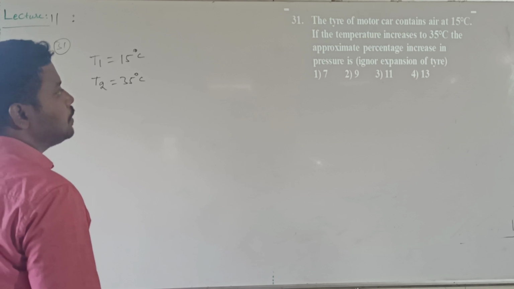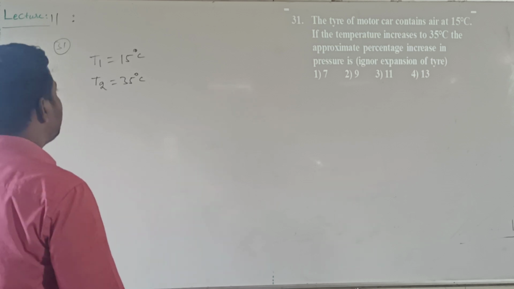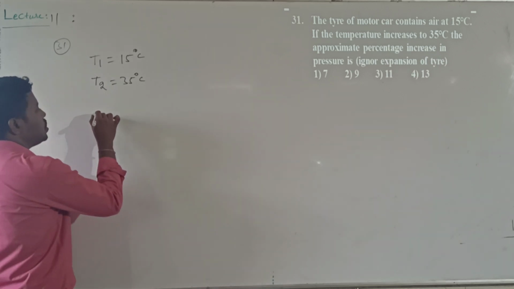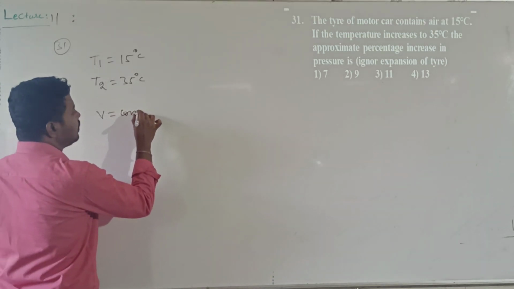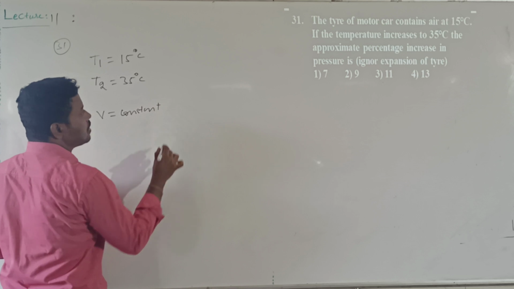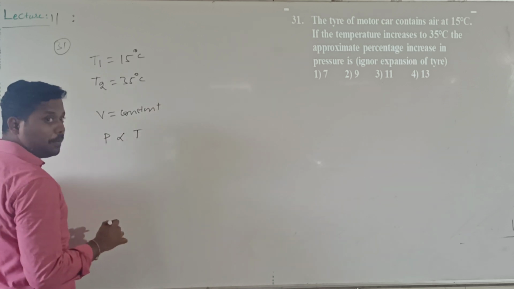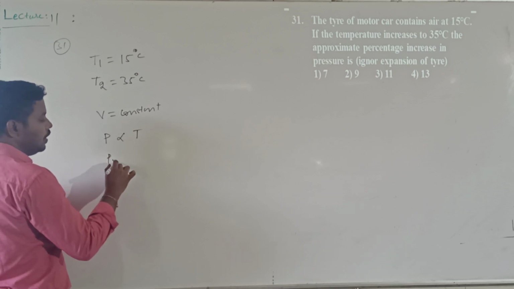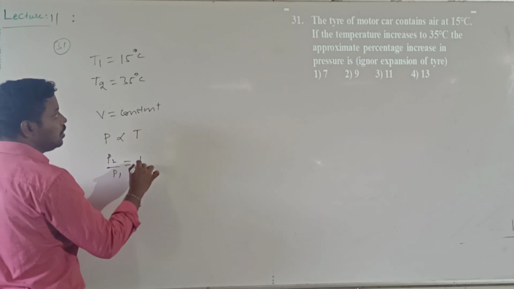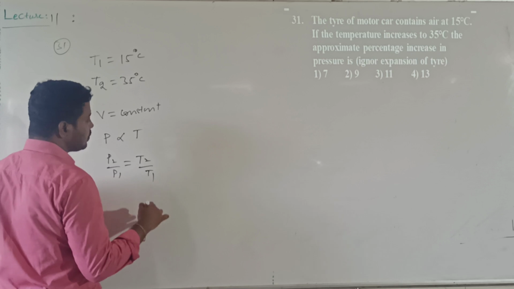Ignore the expansion of tire. Ignoring expansion of tire means in this question volume is constant. So whenever volume is constant, the relation between the pressure and temperature is P directly proportional to T. From this, P2 by P1 is equal to T2 by T1.